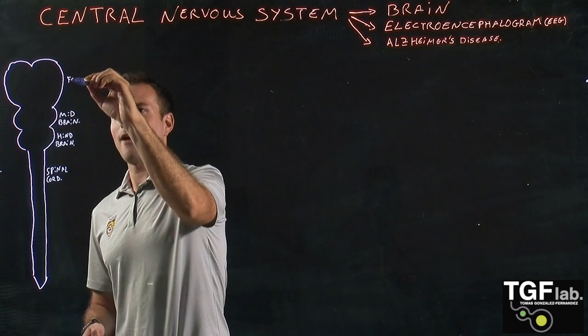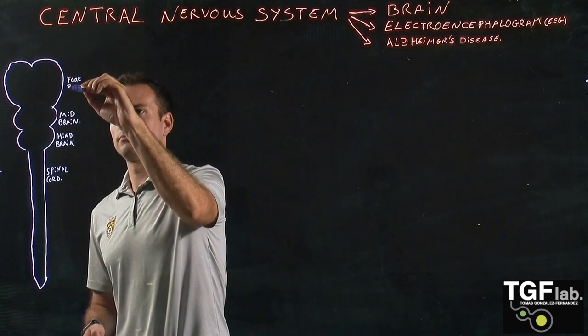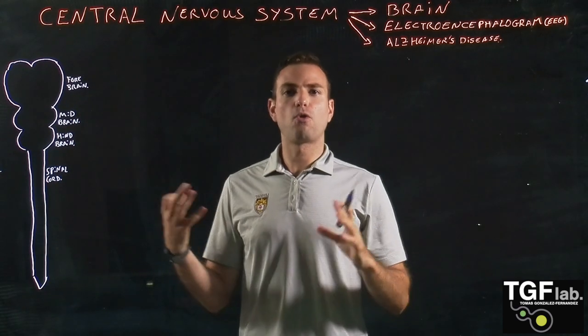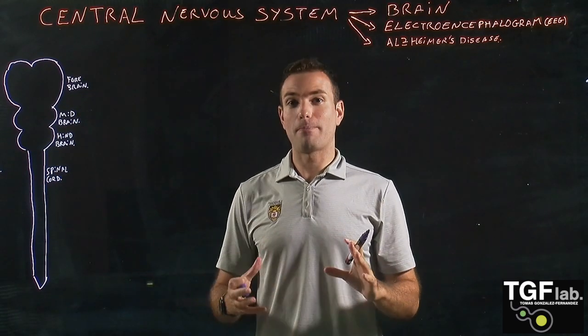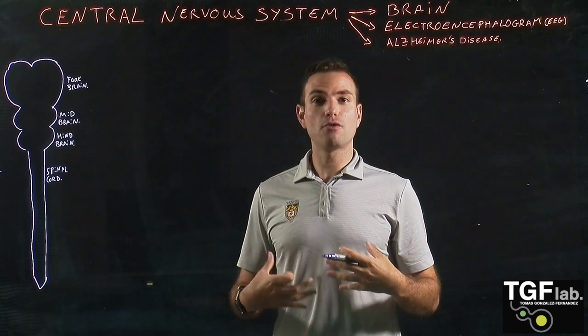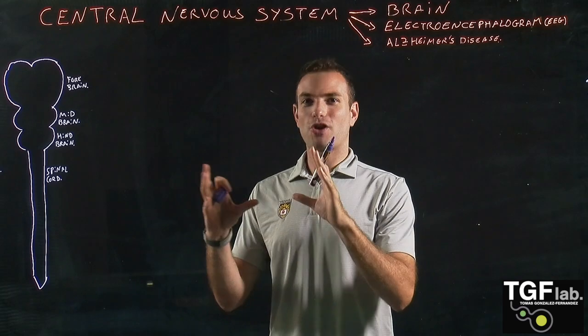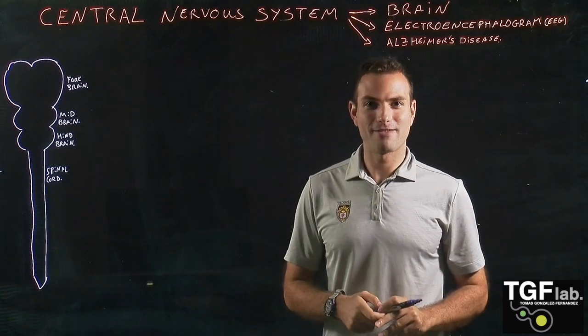And finally, we have the forebrain. And this structure is more or less conserved in every mammal. But then in humans, we have specific characteristics that make us unique. So we are going to look at those a bit more in depth.